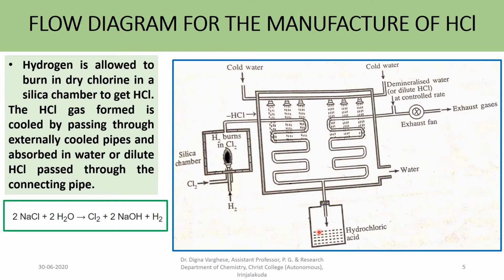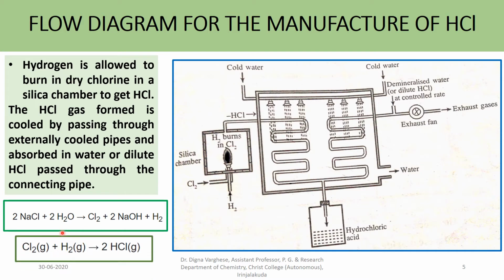The reaction is like this: sodium chloride and water give chlorine gas, and from this we get the pure chlorine. This chlorine is passed through the silica chamber and hydrogen also comes to this chamber, and hydrogen burns in chlorine giving hydrogen chloride gas.